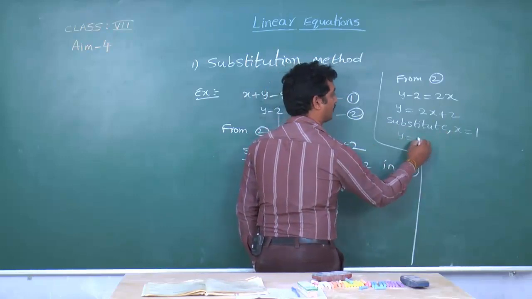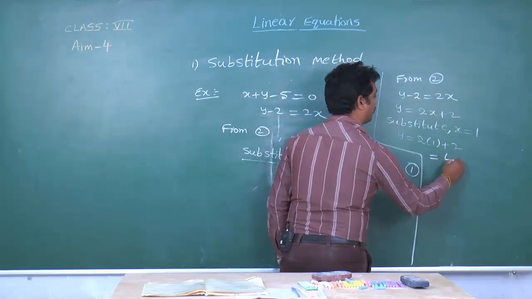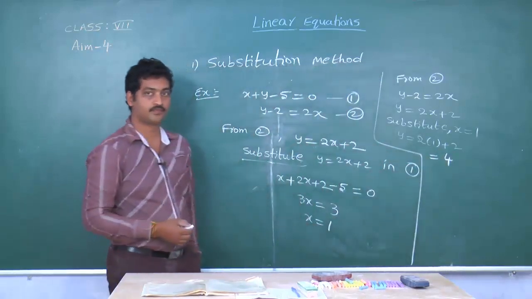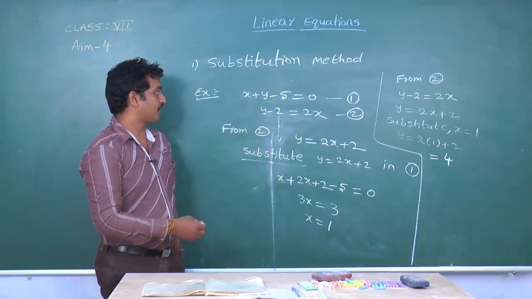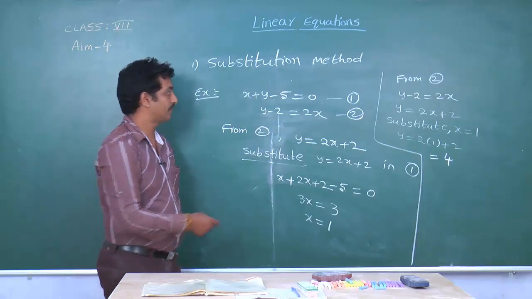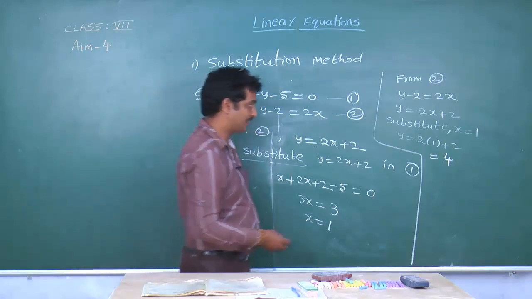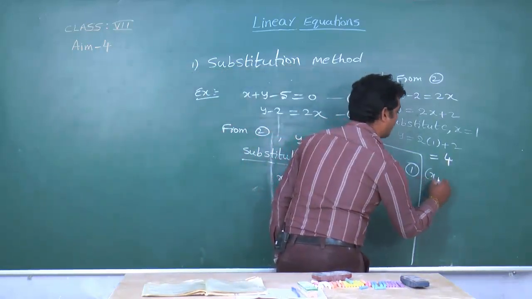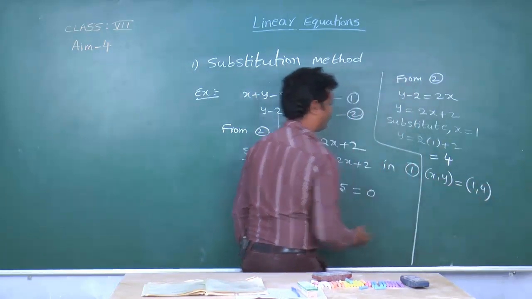Then y is equal to 2 into 1 plus 2, which is equal to 4. y equals 4. Therefore, the solution set of this system of simultaneous linear equations is (x, y) equals (1, 4).